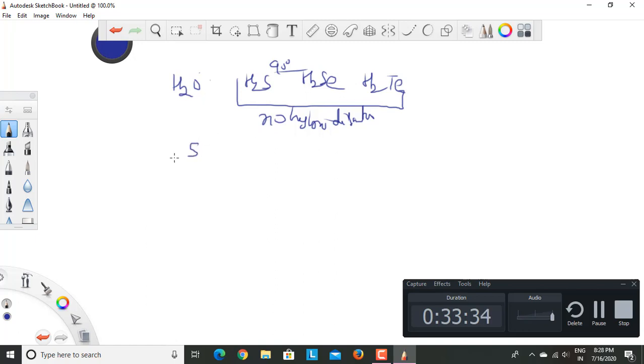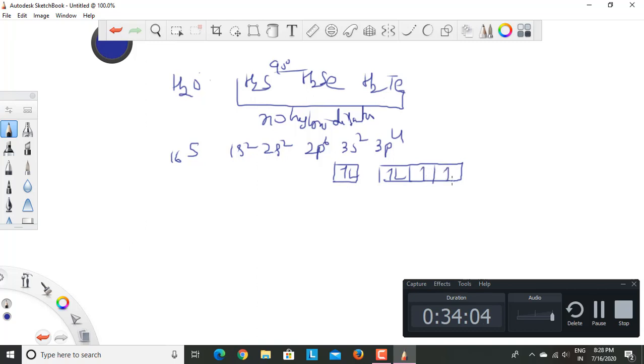Now sulfur, atomic number 16: 1s2, 2s2, 2p6, 3s2, then 3p4. So in this case, 3s2 has 2 electrons, 3p4 has 4 electrons.